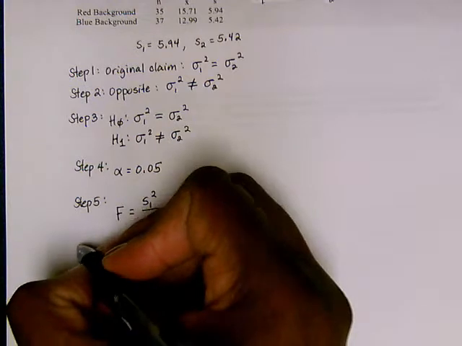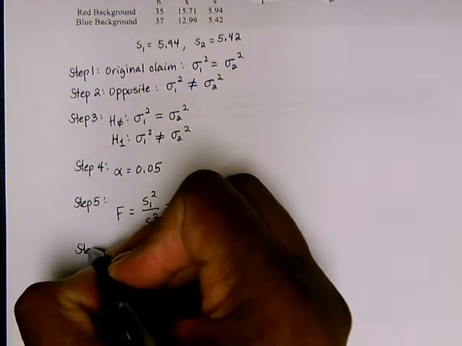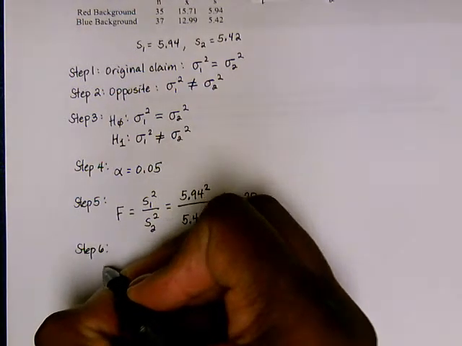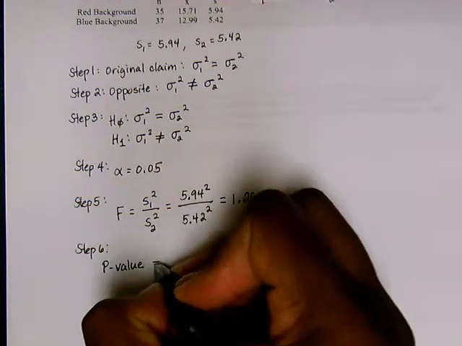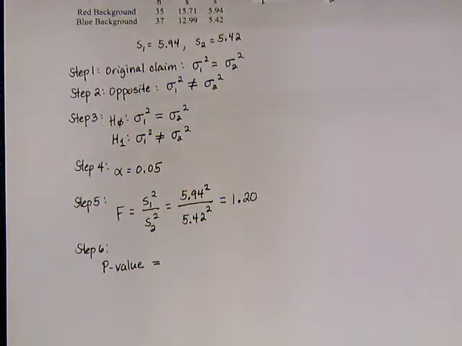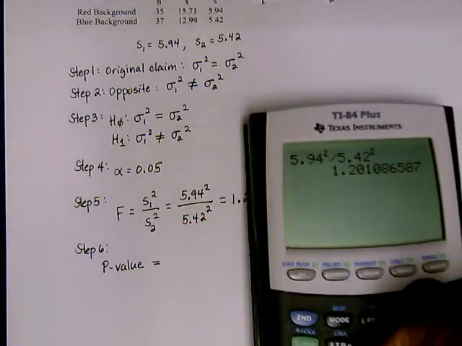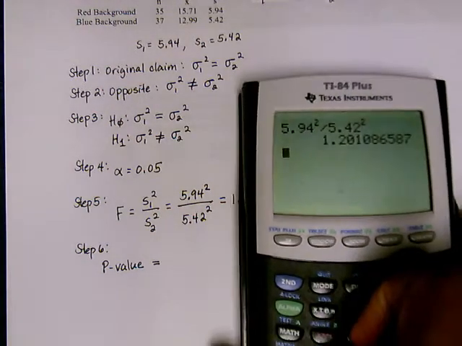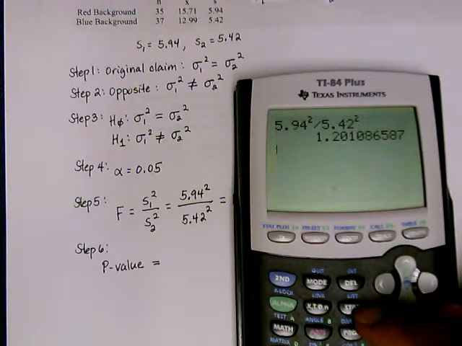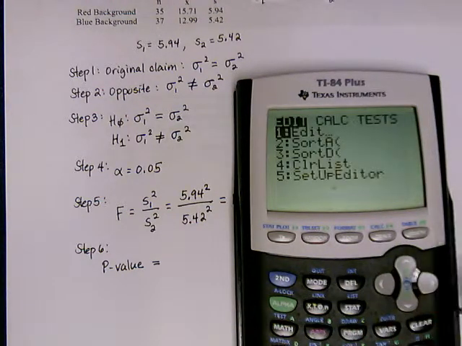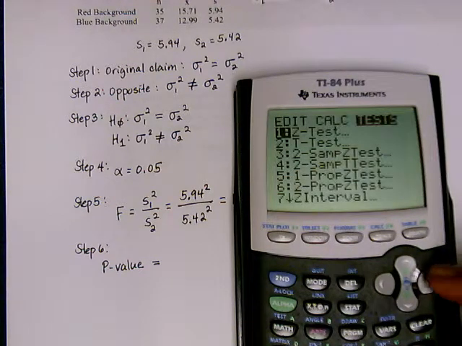Alright, step number 6 is finding the p-value. Now we're going to use our graphing calculator to do this one. Now I'm going to show you how to do this. We're going to press the button that says Stat, and we're going to use our right arrow key to go to Test.